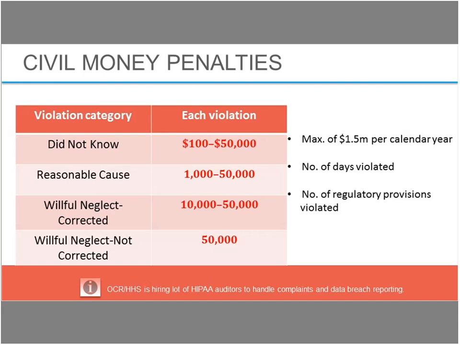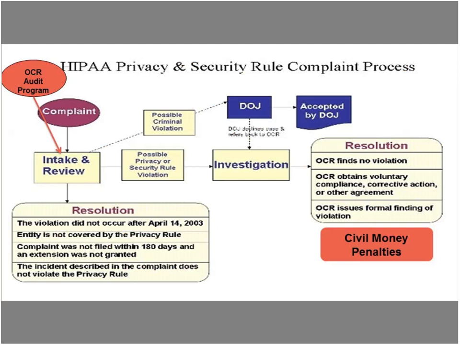There are still close to 7,000 to 10,000 complaints or data breach reports filed per year with HHS. So as you can see, there are a lot of pending cases that need to be investigated and determined, so they are getting really active in this space.